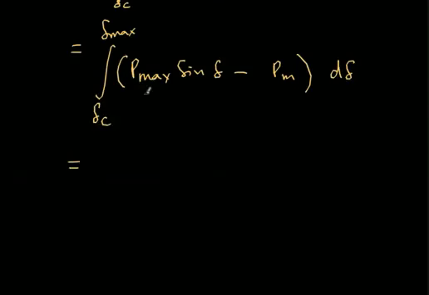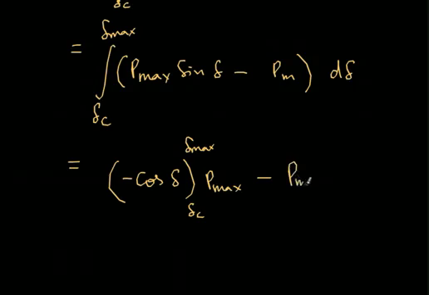Now, what is the integration of this? Integration of sine is minus cos delta, and Pmax is constant, just a coefficient. This is from delta C to delta max. Similarly, the integration of PM d delta is nothing but PM into delta, over the range delta C to delta max.